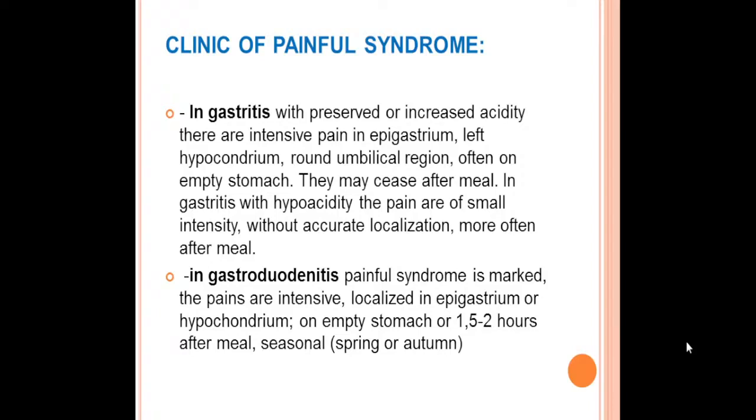The pains are intensive, localized in the epigastrium or hypochondrium, on an empty stomach or 1/2 to 2 hours after a meal. In gastroduodenitis lasting more than 3 years, there may be seasonal spring or autumn exacerbation. In the first 2-3 years, seasonality may be absent and exacerbation may occur at any time, in the morning, summer, or winter. After 3 years of chronic process, it may be seasonal.